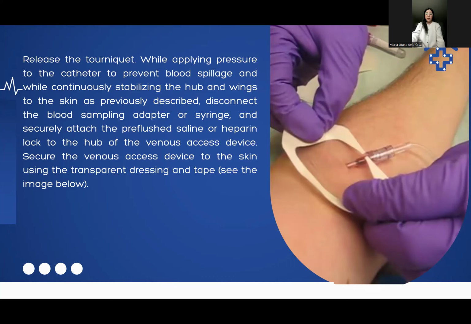Secure the venous access device to the skin using the transparent dressing and tape. See the image. We are using a transparent dressing here so we can see if there is swelling or if the IV fluid is functioning well.